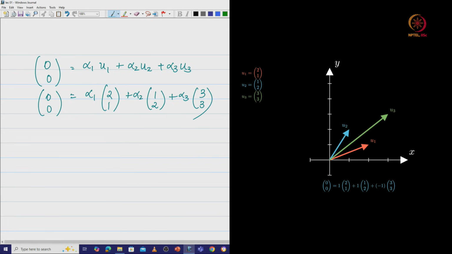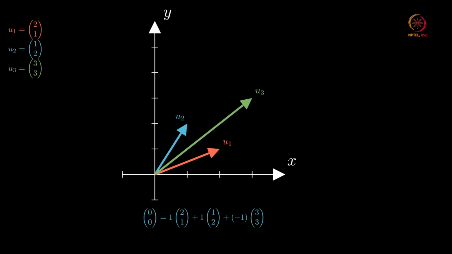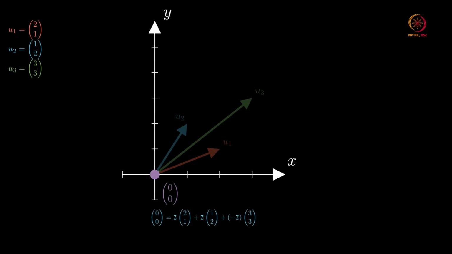We can very clearly see here that 2 1 plus 1 2 if you add you actually get 3 3, which means 1 time 2 1 plus 1 time 1 2 minus 1 time 3 3 gives me the 0 vector. Is this correct? You can also take 2 times 2 1 plus 2 times 1 2 minus 2 times 3 3, that would also give me the 0 vector, right.